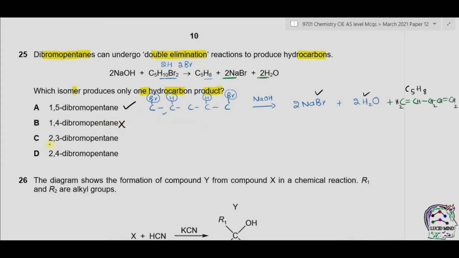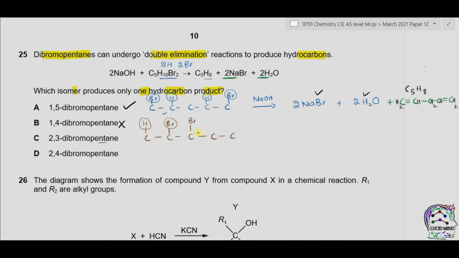Let's look into the third one. We have 2,3-dibromopentane. In pentane we have 5 carbon atoms. On the second and third carbon we have 2 bromine atoms, so this is the second carbon and this is the third carbon. Now elimination can take place in such a way that this hydrogen is removed along with this bromine.